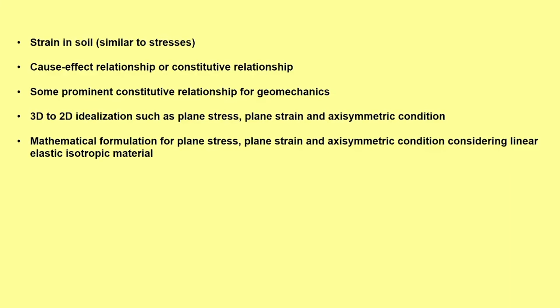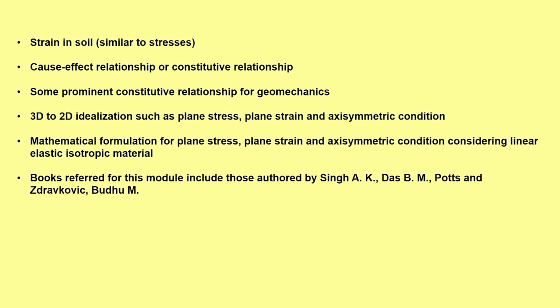Then we discussed the mathematical formulation for plane stress, plane strain and axisymmetric conditions considering a linear elastic isotropic material, because that is the most simplistic model that we could discuss in this particular course.